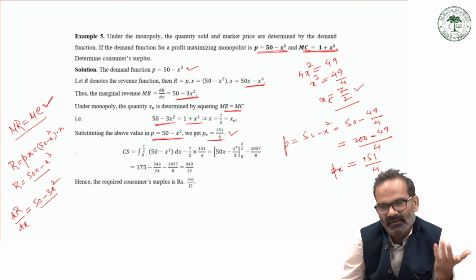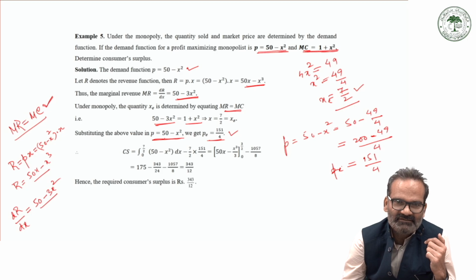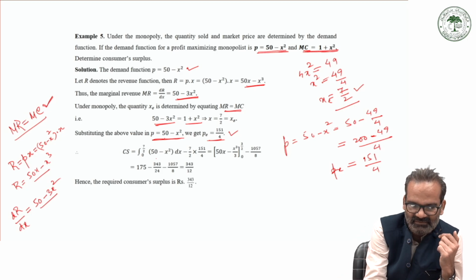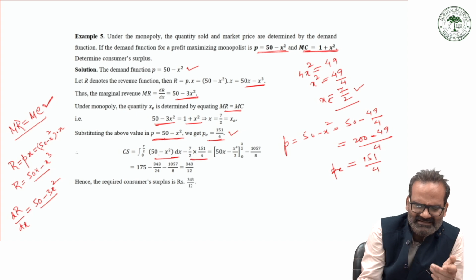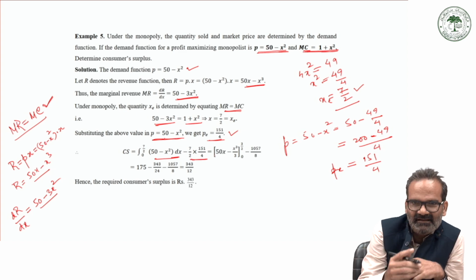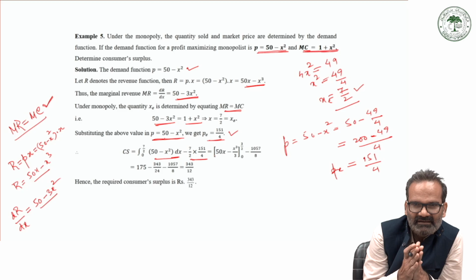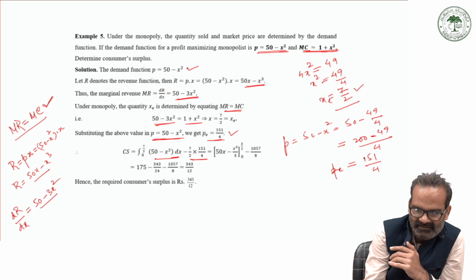Now you can use the formula to determine the consumer surplus. 0 to 7 by 2, this is your demand function, this is XC and PE. Integral of 50 is 50x minus integral of x square is x cubed by 3. Substitute the limits. We have solved a number of questions on the definite integral and then simplify it.